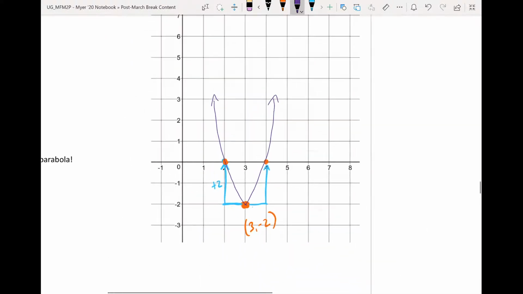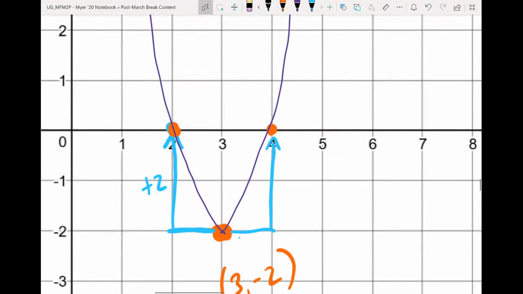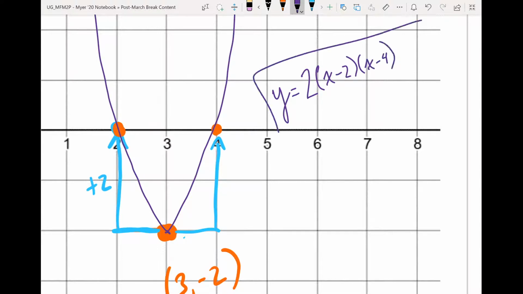And just by looking at that, we can say what the equation is in factored form because we can see what the x-intercepts are. The x-intercepts are 4 and 2, and we already know the step pattern is 2, so we could end up going like this: y equals 2(x minus 2)(x minus 4). And that's the exact same equation.